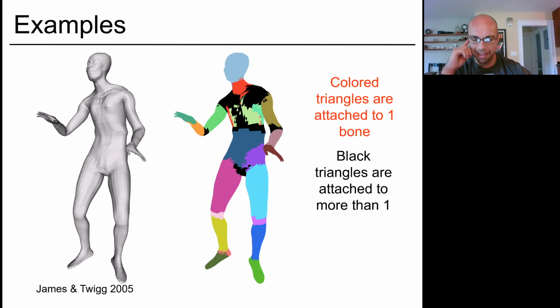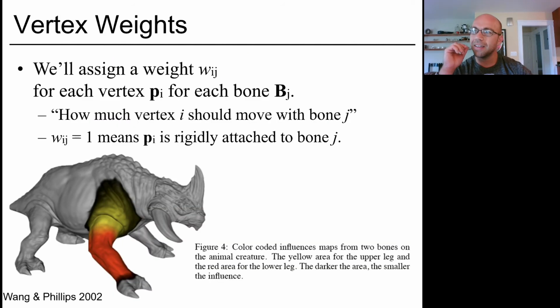Here's a second example, this time of a whole human. By the way, I think these were automatically generated skinning weights. So you can see that, for example, in regions like the upper shoulder, probably the motion is controlled both by your body and by your upper arm, whereas other parts of your body, like your lower arm, move more or less rigidly.